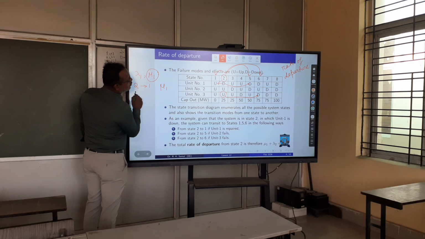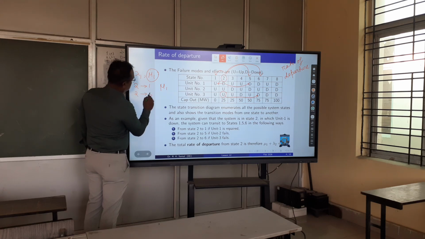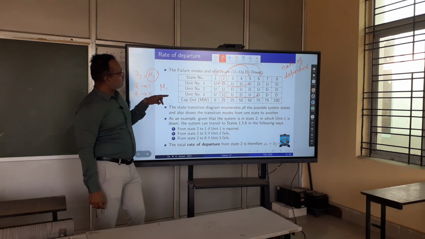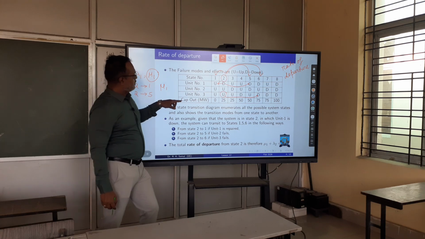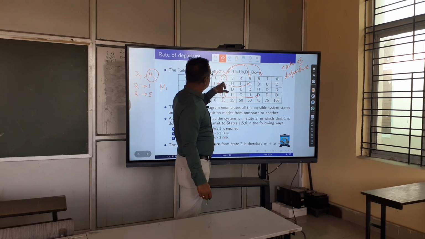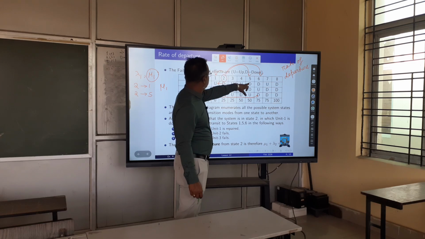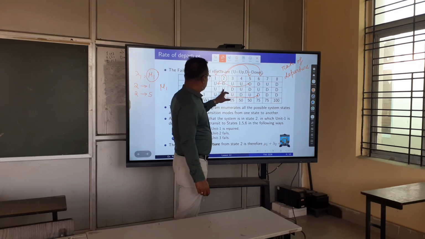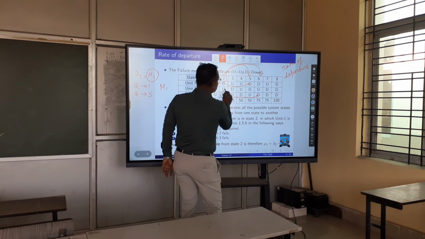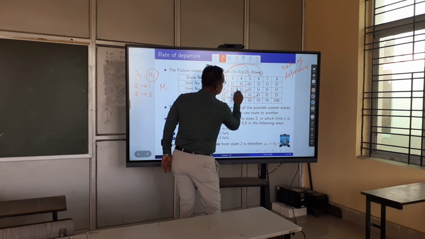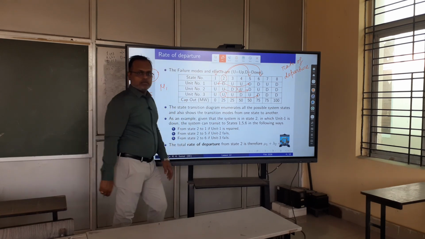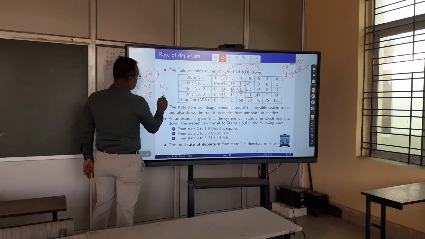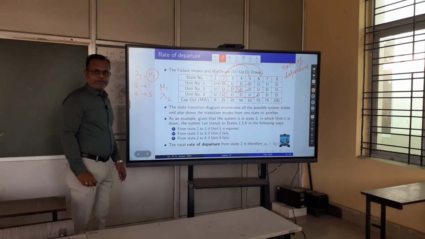What is the other one? 2 to 5. What should be the departure rate? Unit 1 is down, no departure. Unit 2 goes from up to down, so this should be lambda 2.